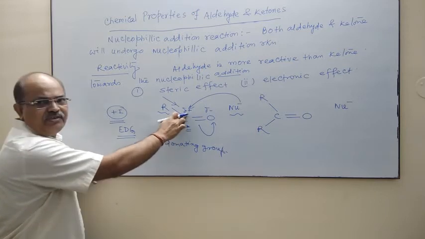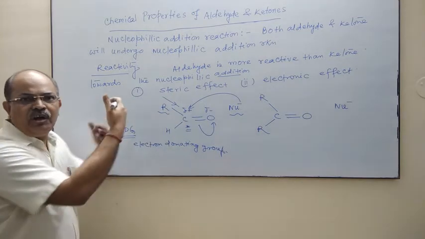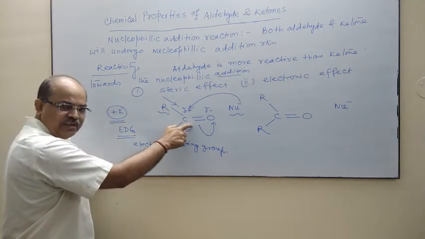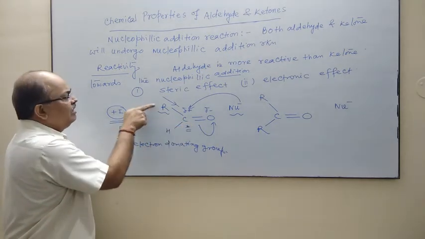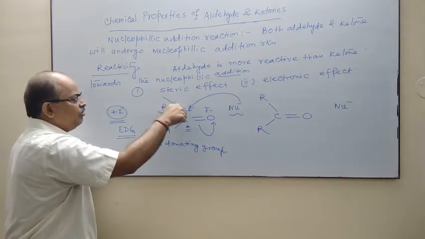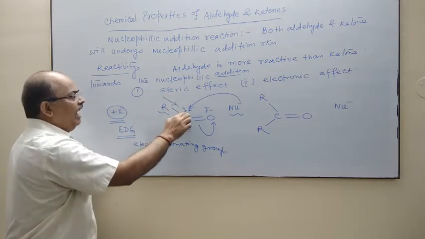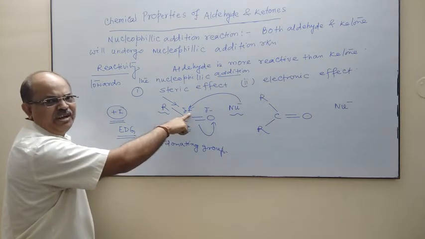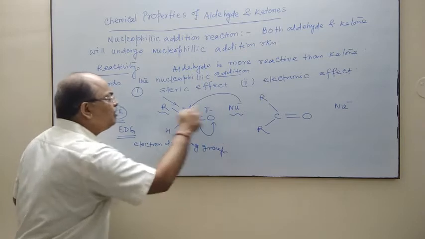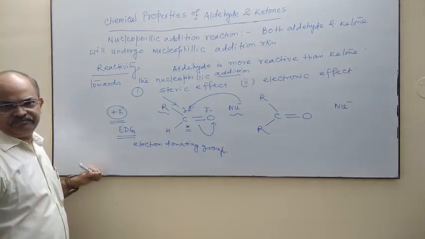Then its positive charge gets delocalized. As there is positive charge on the carbonyl carbon, the alkyl group, which is electron donating, will donate electrons to this carbon, and then this positive charge is minimized. Now if it becomes minimized, how will the nucleophile attack?